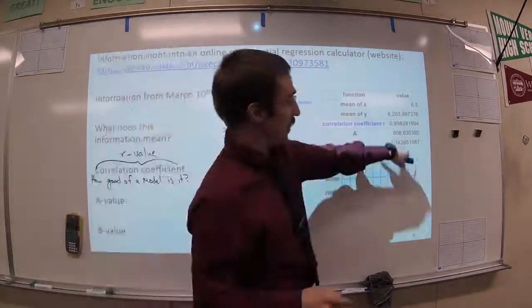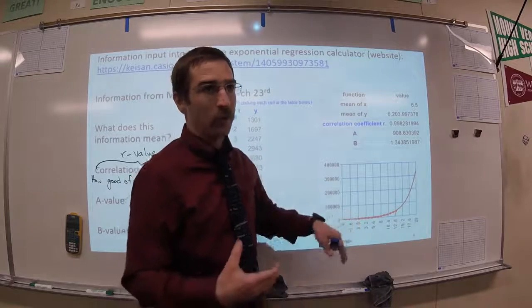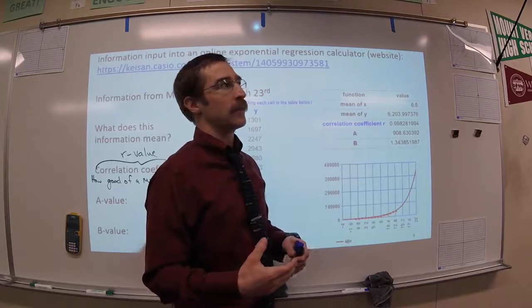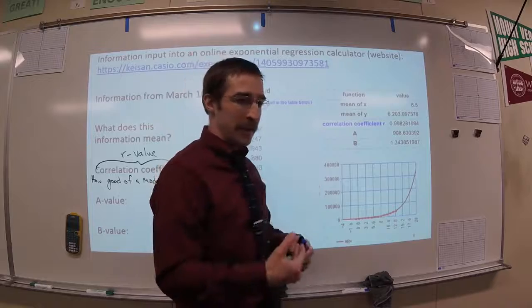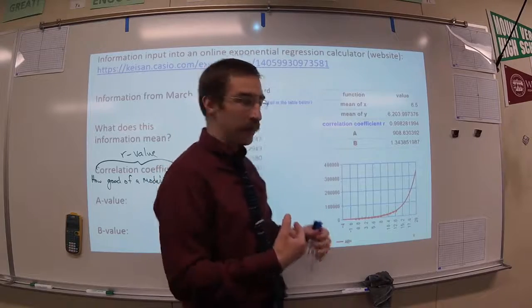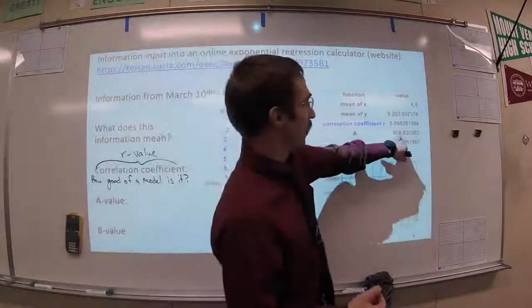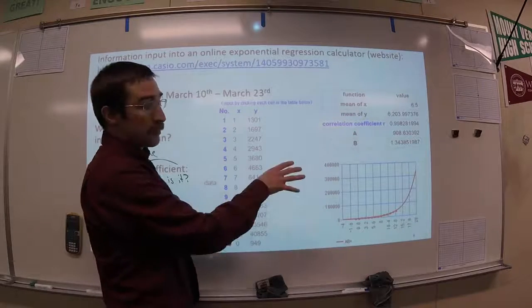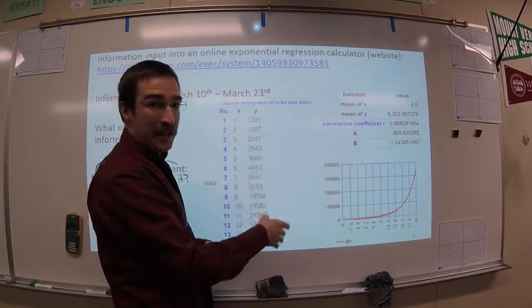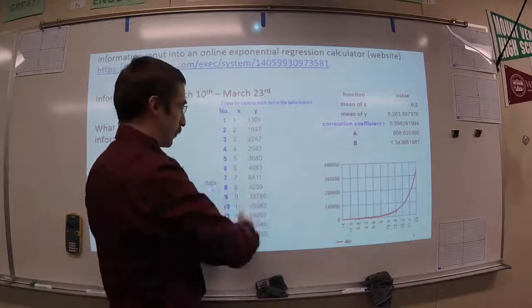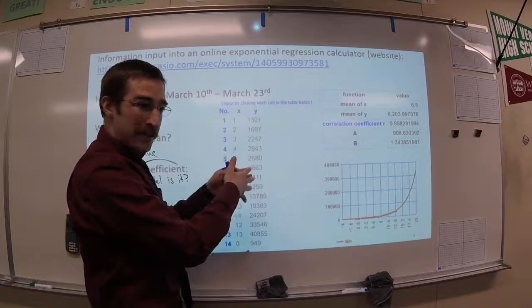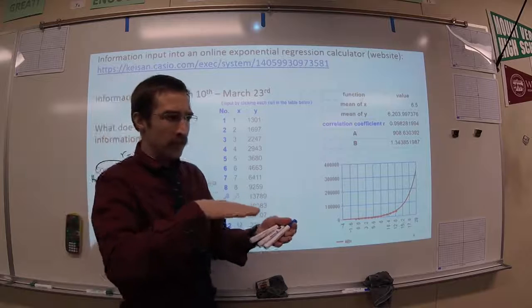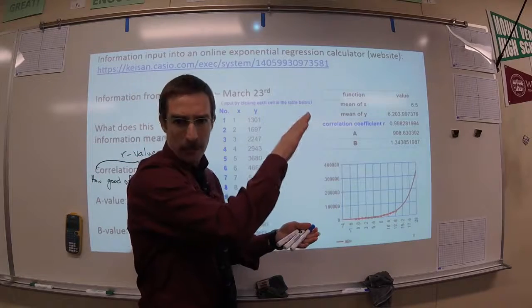Okay, the A value. The A value is what this model picks as its starting value. So as of March 10th, we would say there were 908 cases, 908.63. Really, there were 949. The model is not perfect. It is a statistical regression of these values. So it's basically the best curve that you can fit in between all those points.